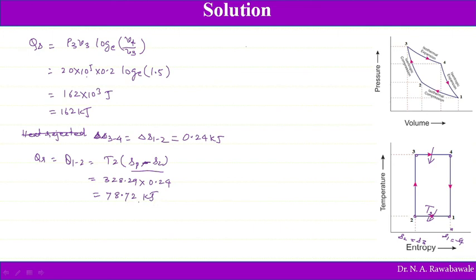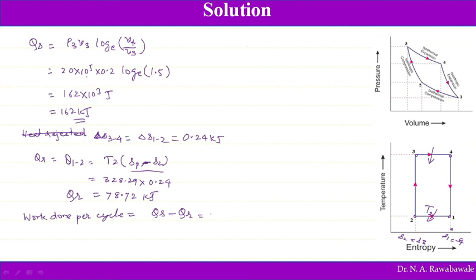Now we want to find out efficiency. We know heat rejected, we know heat supplied. So net work done can be obtained. So work done per cycle is equal to heat supplied minus heat rejected.